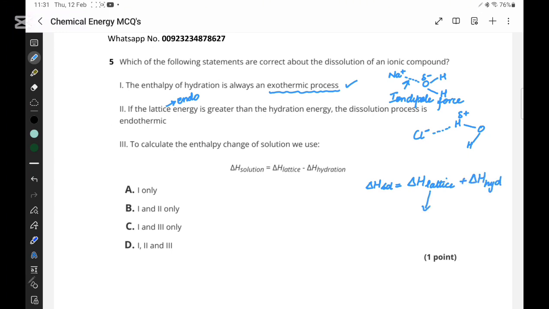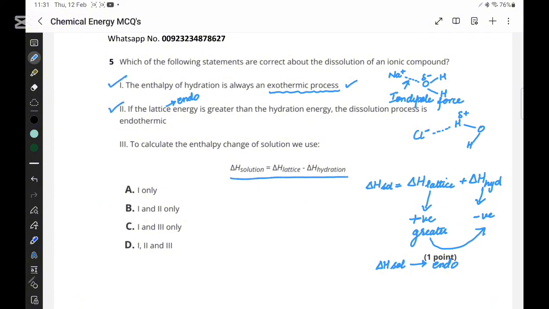So if this value is positive and greater than this value, because hydration is exothermic and therefore negative, then what happens? Definitely the enthalpy of solution would become positive, and if enthalpy of solution becomes positive, then we can say it is endothermic. So this option is also right.